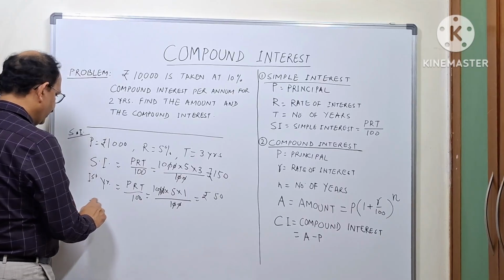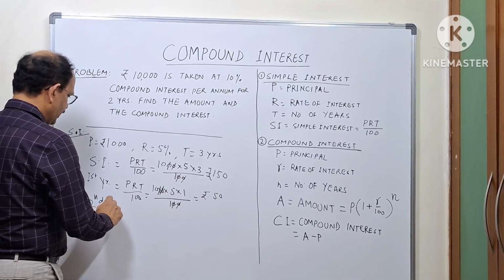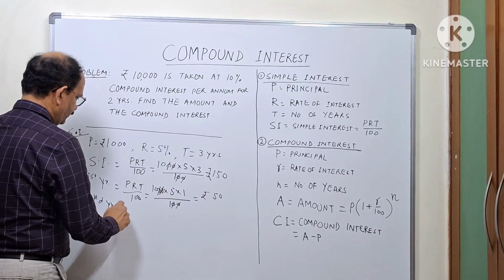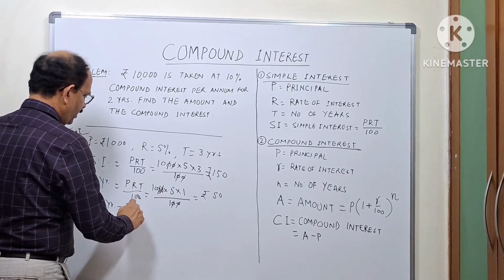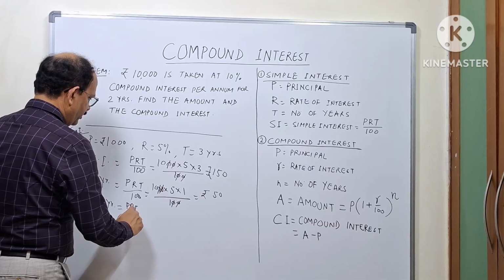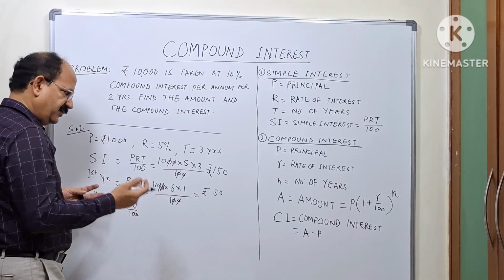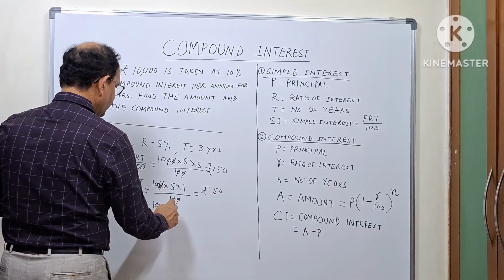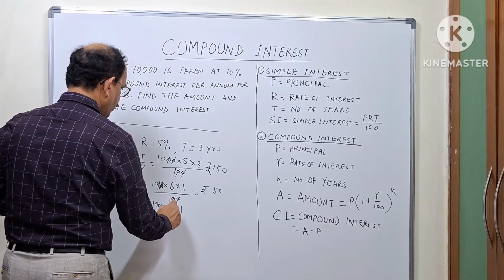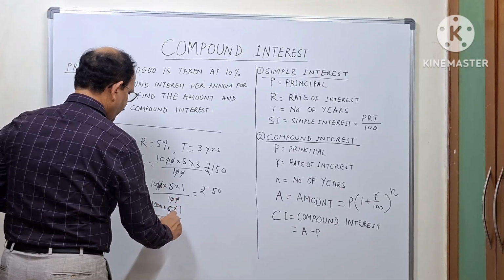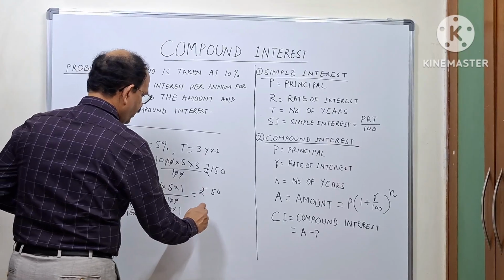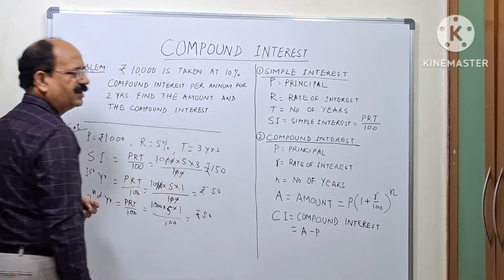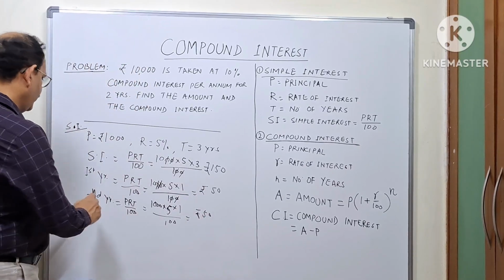What happens with the second year? Same logic: PR into T by 100, because it is only for 1 year, which is the second year. Again 1000 into 5 into 1 divided by 100, so you are again going to get 50 rupees as interest in the second year.